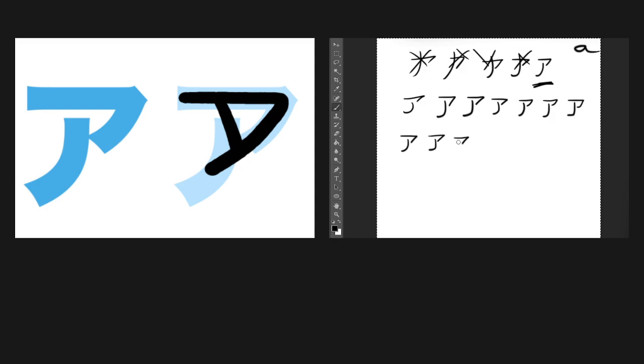When you're playing video games, a lot of words are going to be written in katakana, usually things like names of stuff. When you run across the ultra gunner, they'll probably spell out ultra gunner in katakana. They're not going to translate that word.